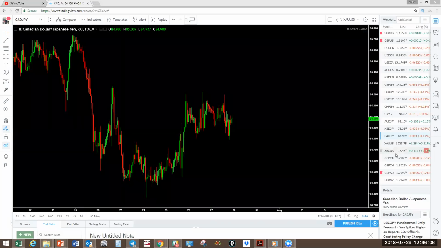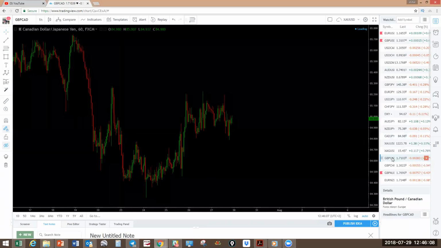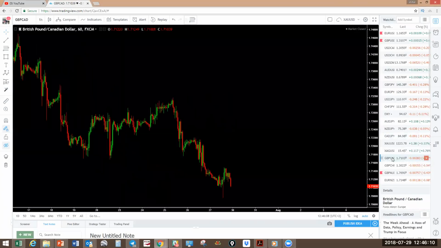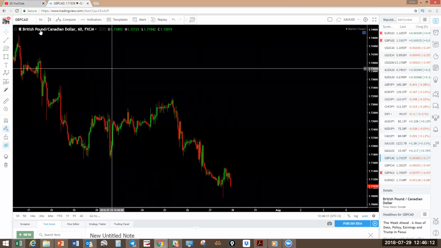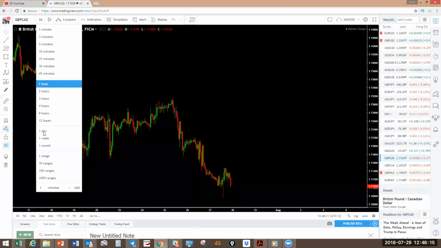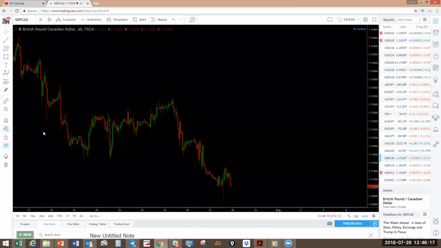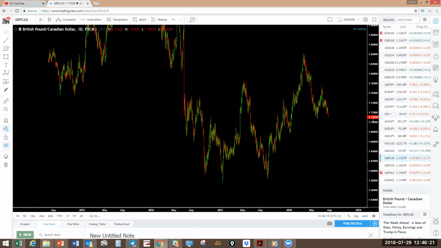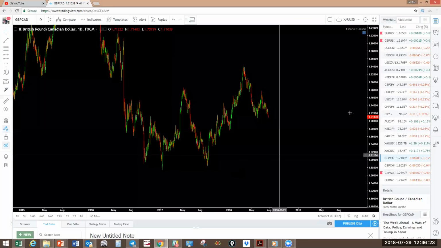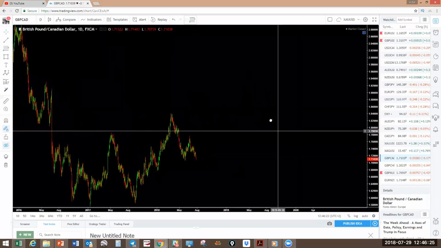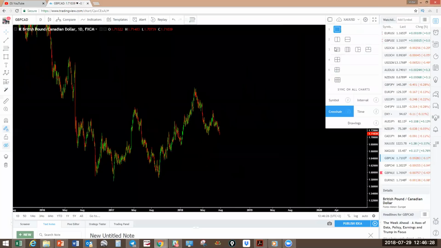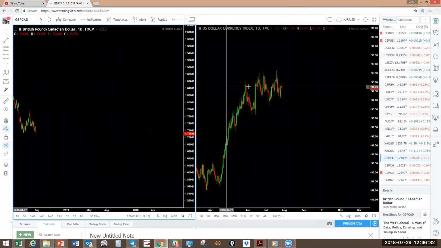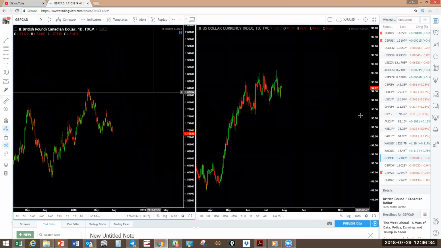Now we can look at the pound pairs. Pound, let's look at the daily. We have been trading these for the last couple of weeks together with pound AUD. So I'm going to bring pound AUD as well and do that comparison. We've been doing this for the last couple of days, comparing these two pairs, and they're going perfectly to the peep.